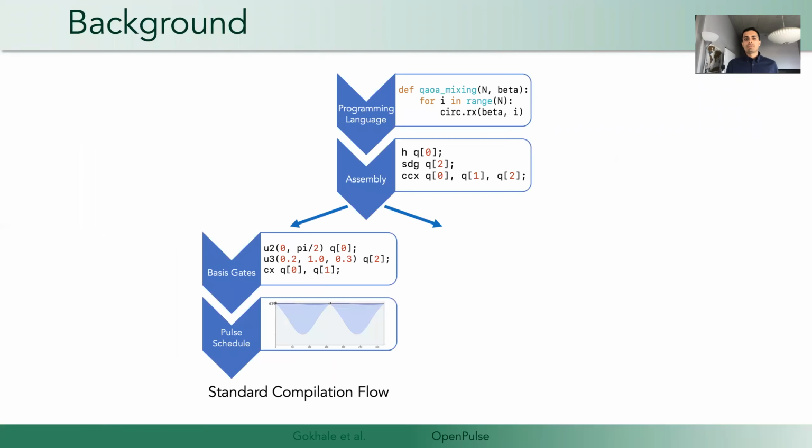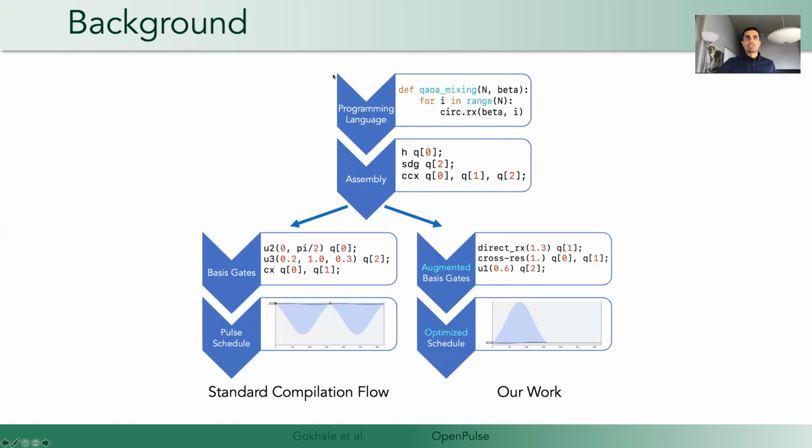So I'm going to start by describing the standard compiler stack and software flow for quantum computers. It starts with a high-level programming language. For example, a lot of people use Python with Qiskit or Google Cirq packages.